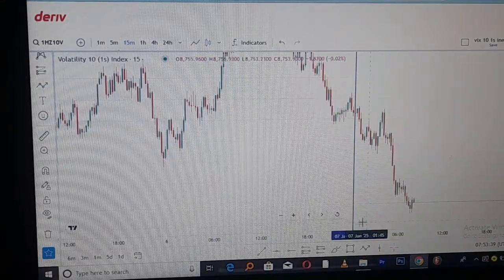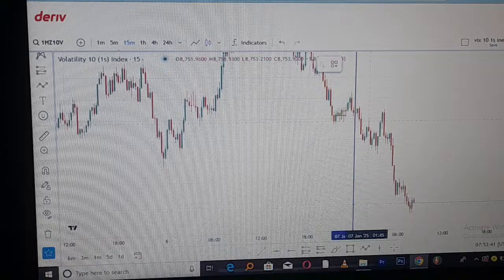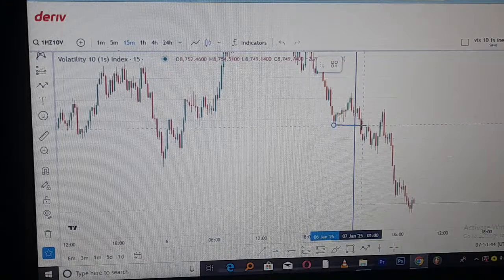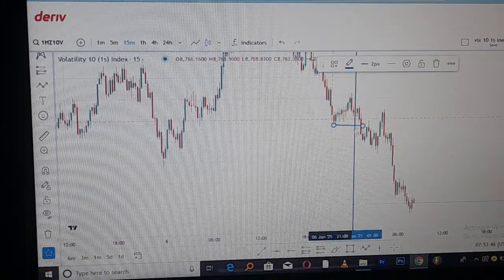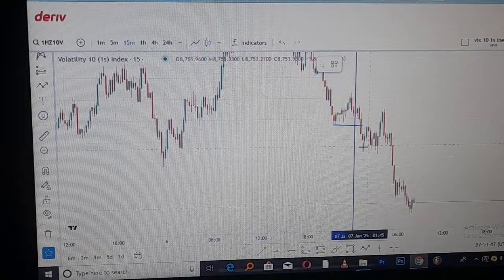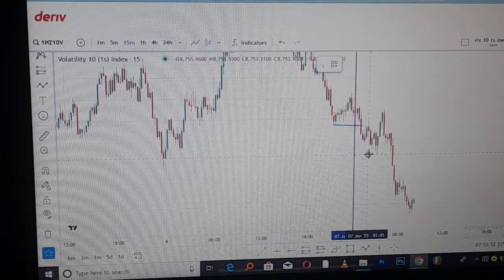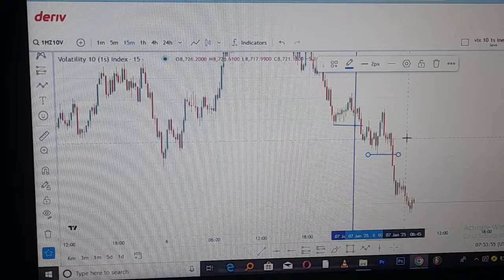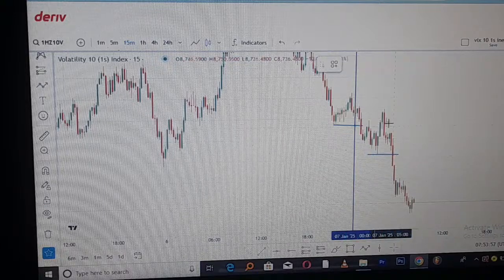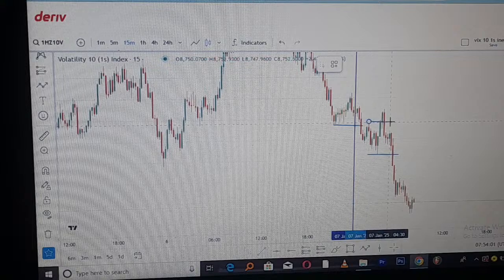This is the structure we have. If I can see very well, we took this low here. After that low got taken, we also took this low here. Before we take this low, we had to take this, which leads this move down. We took it up like that.